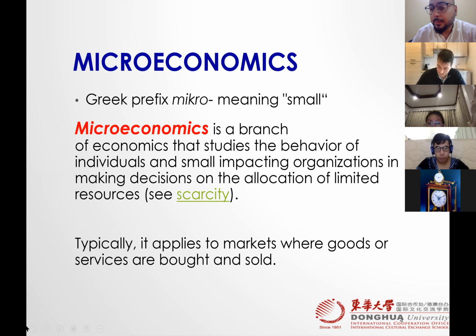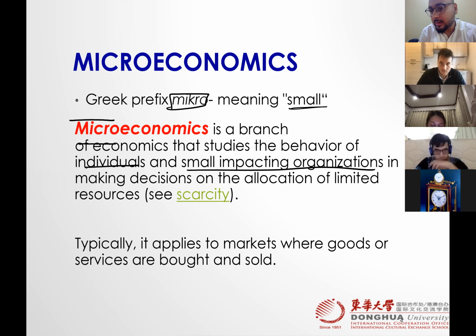So let's talk about microeconomics. Microeconomics comes from a Greek word, micro with a K, meaning small. Microeconomics is a branch of economics that studies the behavior of individuals and small organizations in making decisions on the allocation of resources.